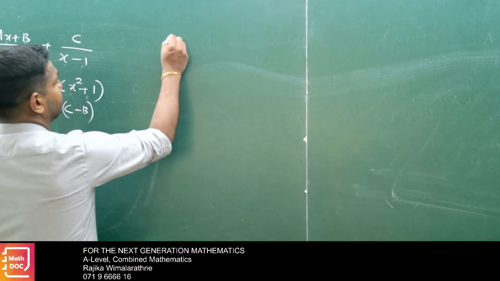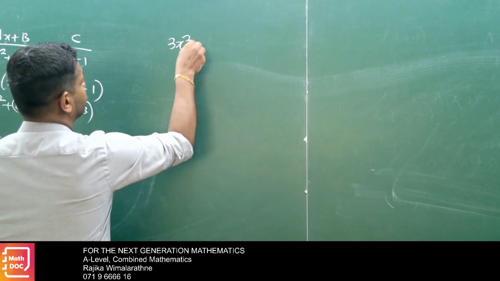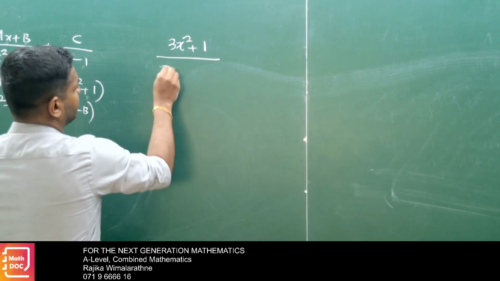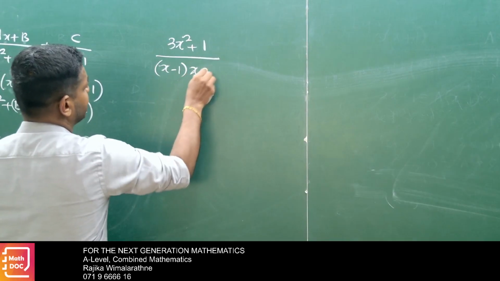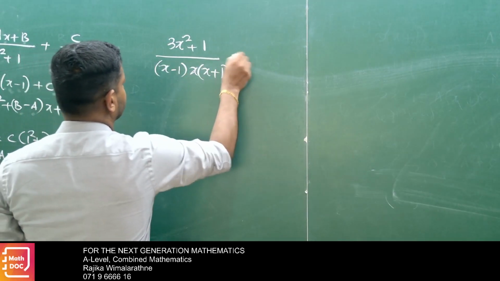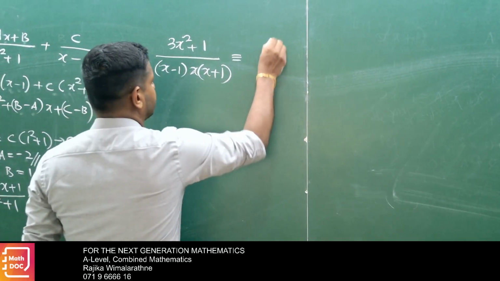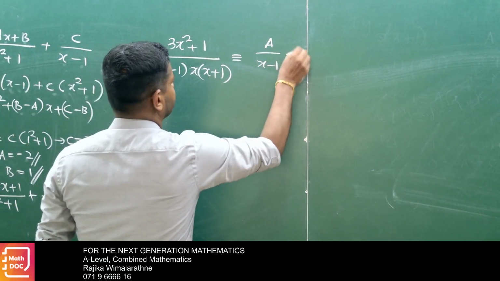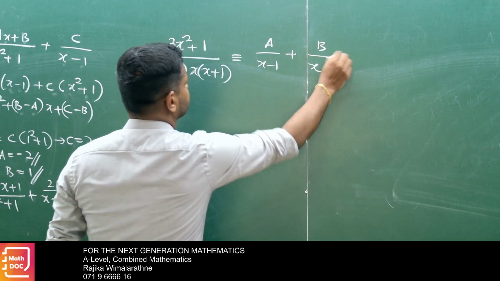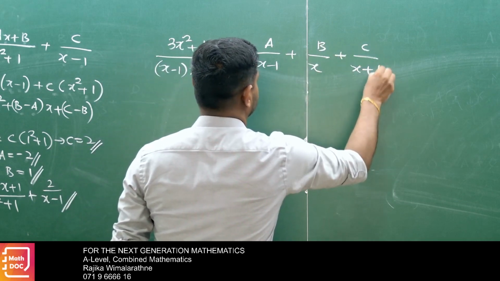Now do with me: 3x squared plus 1 over (x minus 1) times x times (x plus 1). Here we have three linear factors. You write A over x minus 1, B over x, C over x plus 1.